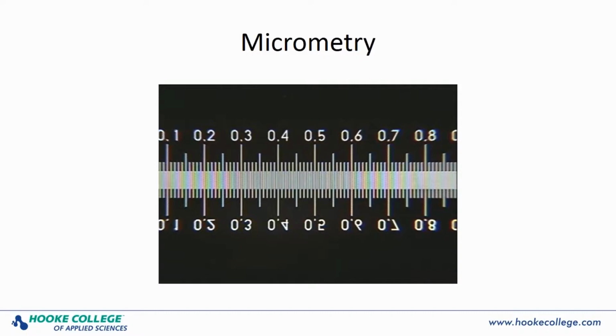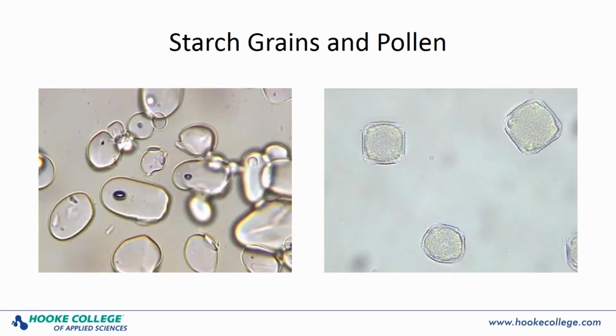Angular measurements can be made using the graduated circular stage along with the vernier scale that's present on most PLMs. Some trace particles can be identified strictly by morphology, size and shape.